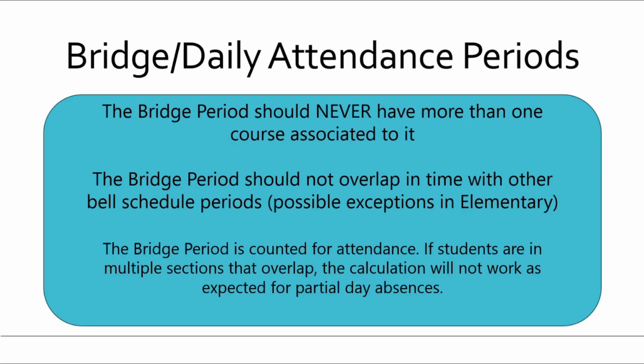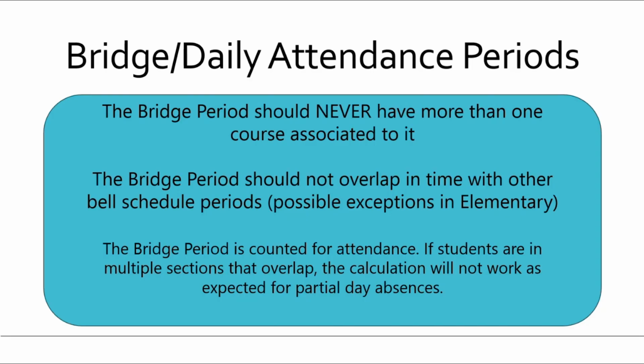Similarly, the bridge period should not overlap in time with other Bell schedule periods. This is especially true if you take meeting attendance or at those secondary levels. Depending on how your Bell schedule is set up at an elementary building, there could be an exception to this. But in general, especially in middle and high schools, the bridge period should not overlap in time with other Bell schedule periods.